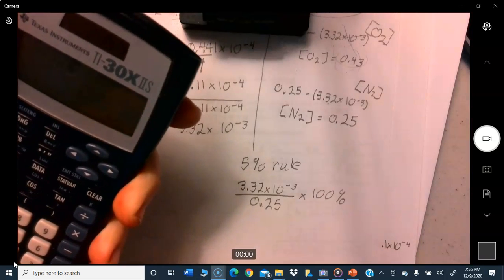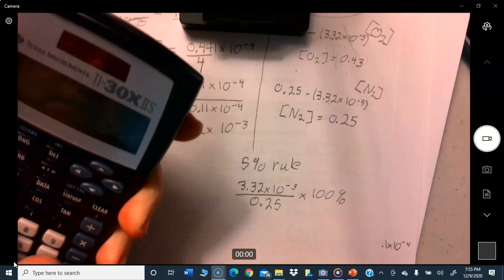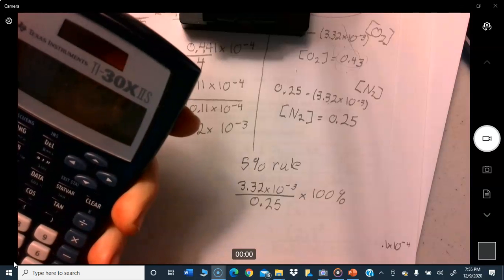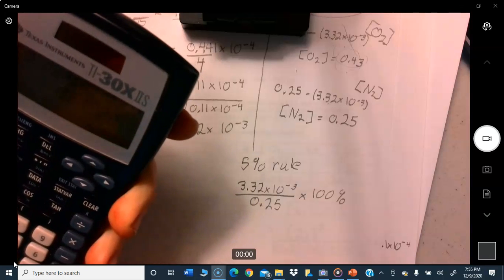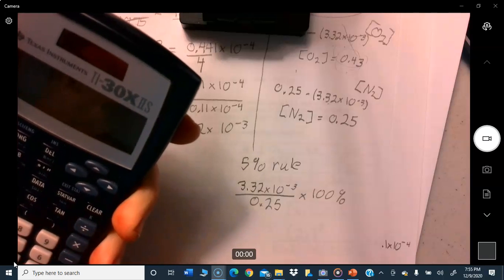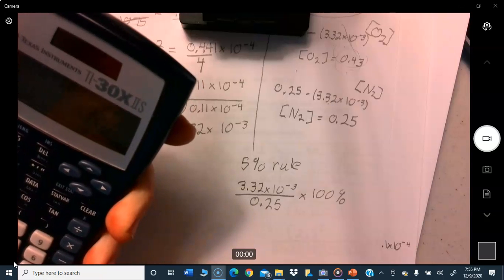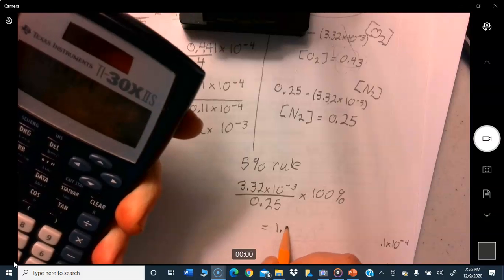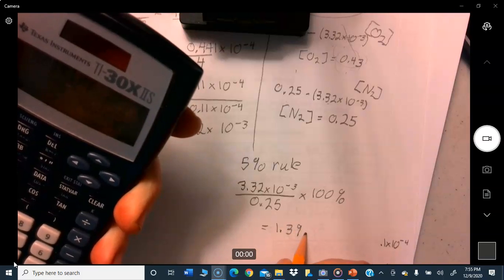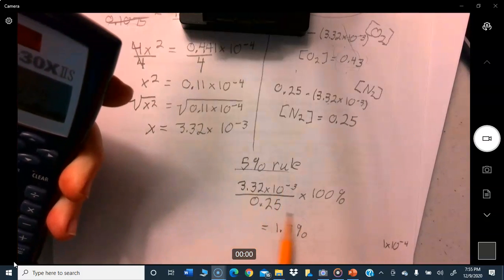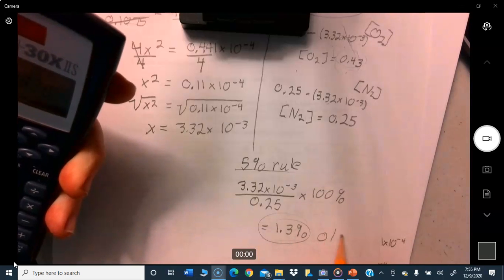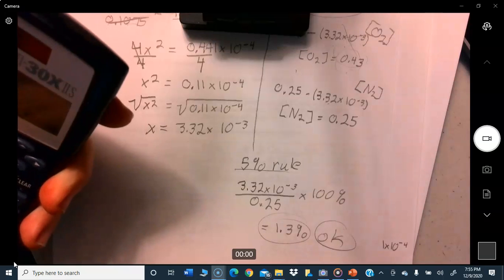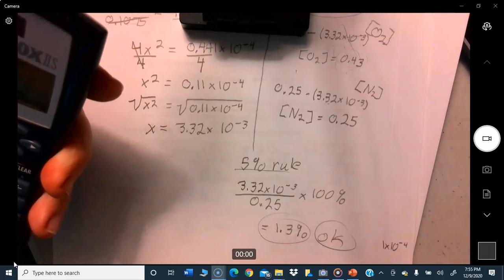So I'm doing 3.32 times 10 caret negative 3 divided by 0.25, and then I'm going to multiply that by 100, and I get 1.3%. So that's less than 5%. So we're okay. We were okay to make that simplifying assumption and just ignore that value of X, okay?